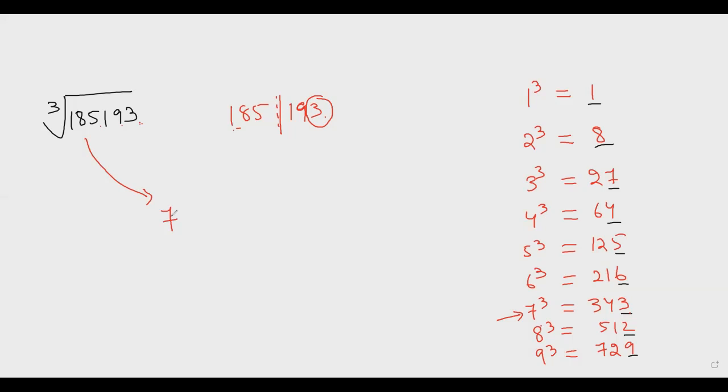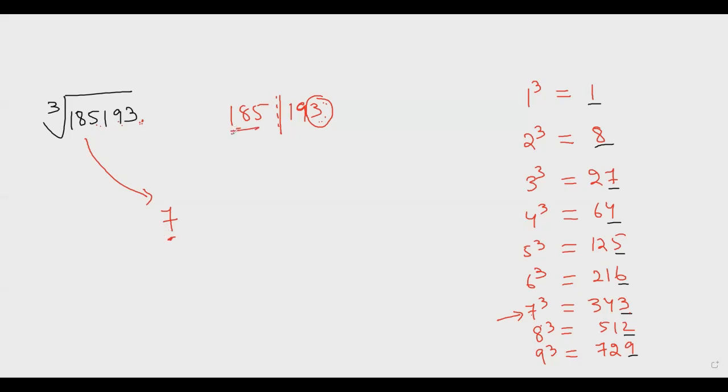First we partition, taking 3 digits from the right side, then look at the last digit. The cube ends in 3, so the last digit of the cube root is 7.